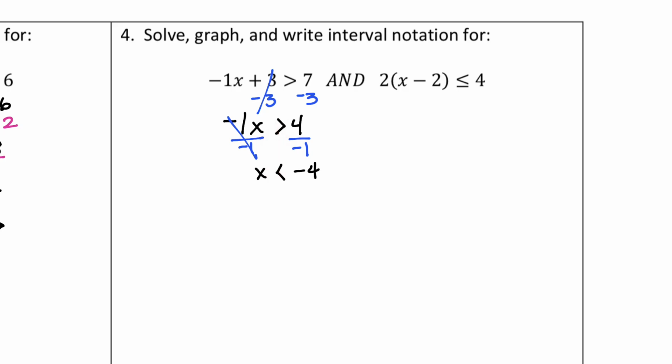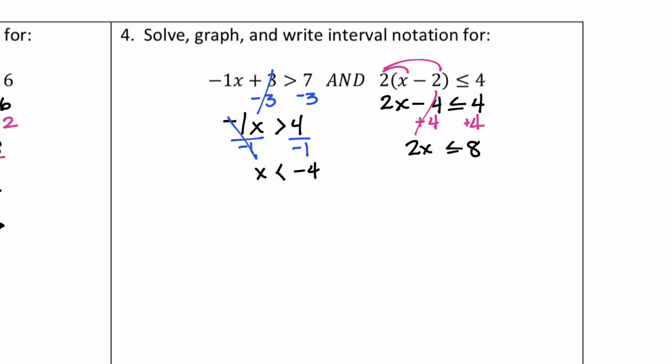Okay, other side. Distribute. We get 2x minus 4 less than or equal to 4. We're going to add 4 to both sides. In my head, I'd already solved it, so I apologize. 2x is less than or equal to 8.